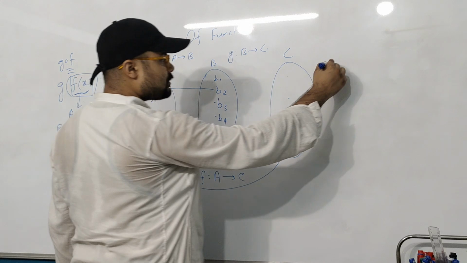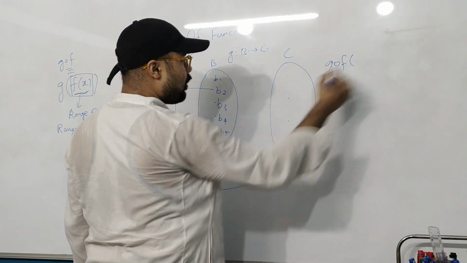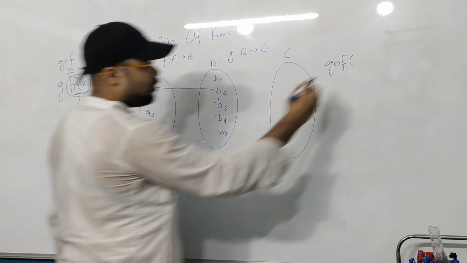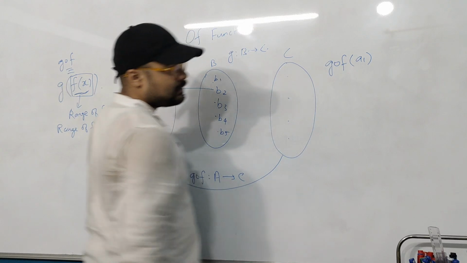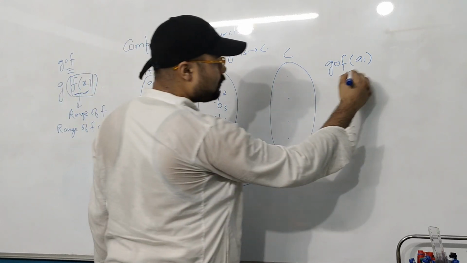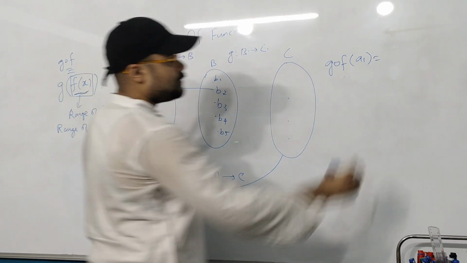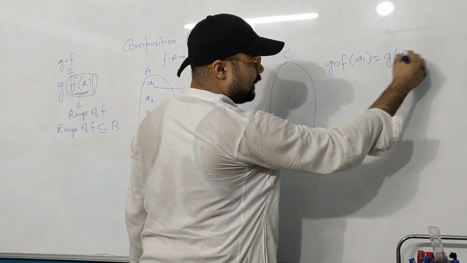Then what is GOF of A1? GOF of A1 is equal to G of f of A1.